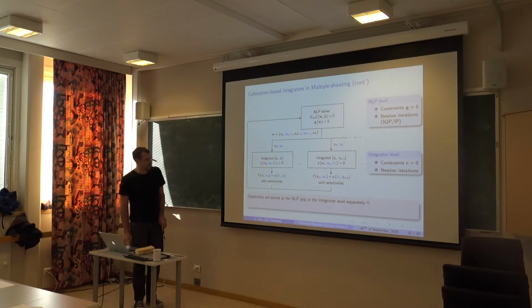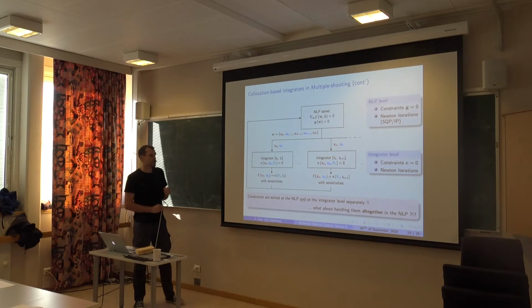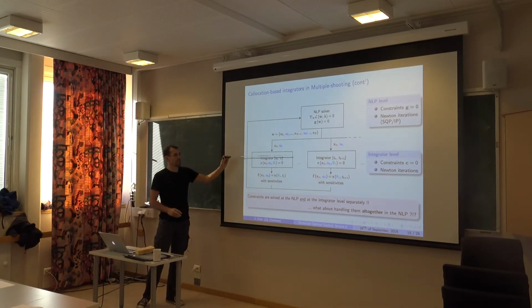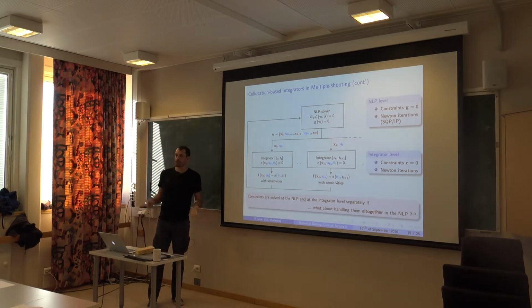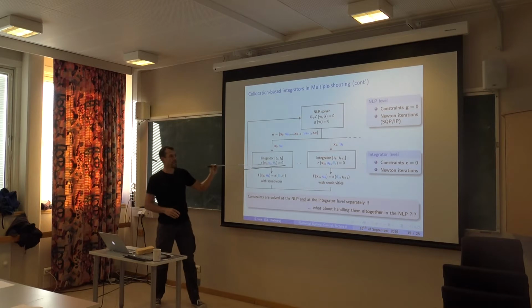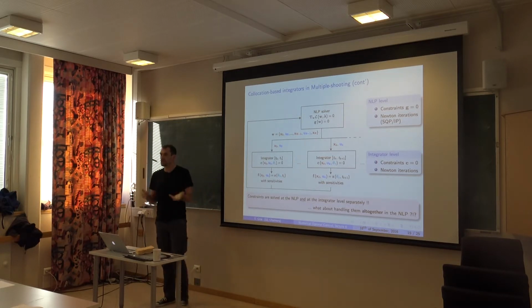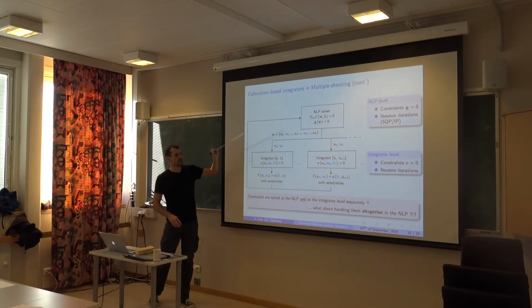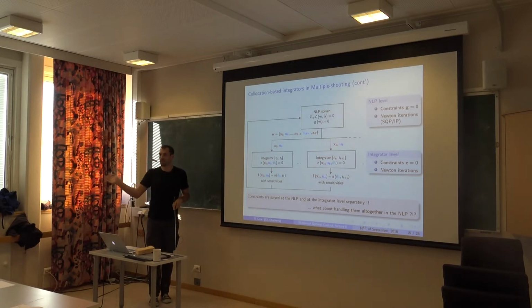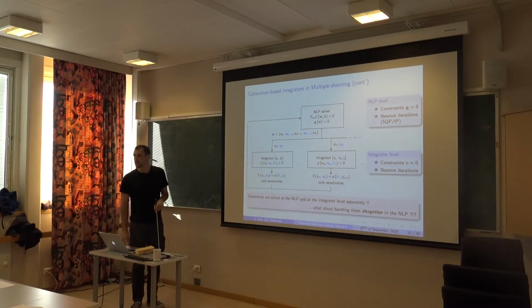I don't know if anyone sees where this is going now, but you solve all these constraints separately at this level and that level. What if you were handling them all together inside the NLP solver? Because these guys are constraints in the end. It's just sets of equations to solve. What if I just plug them inside G and give everything to the NLP solver? Right?